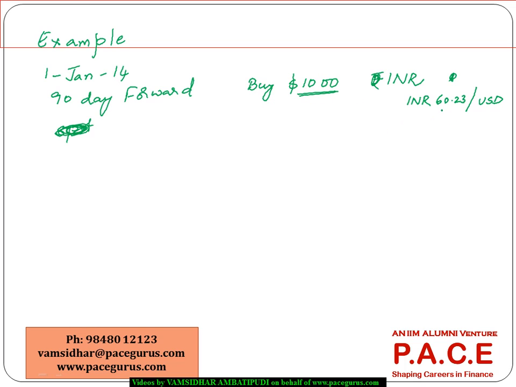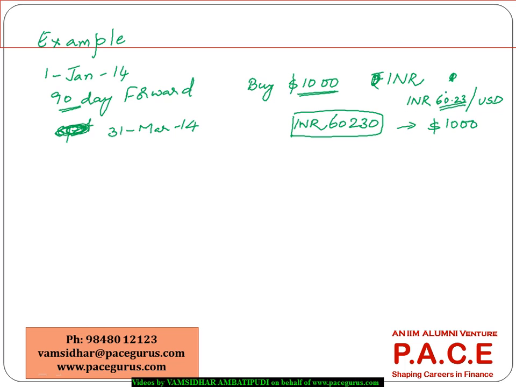And the day on which I have entered into a forward contract, it is available at 60.23 INR per USD. So if I am going to stick with the contract, obviously I have to spend 60,230 INR on 31st March 14. And by paying 60,230 INR, I would be getting $1,000.